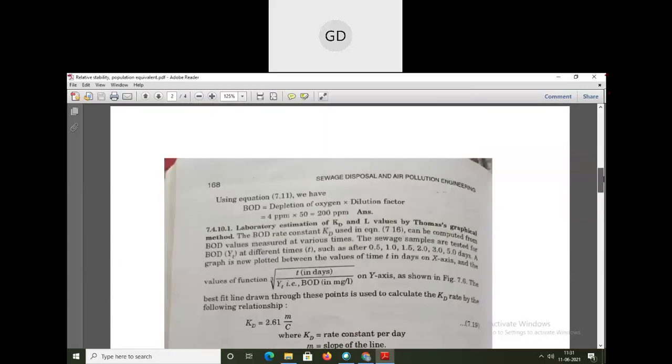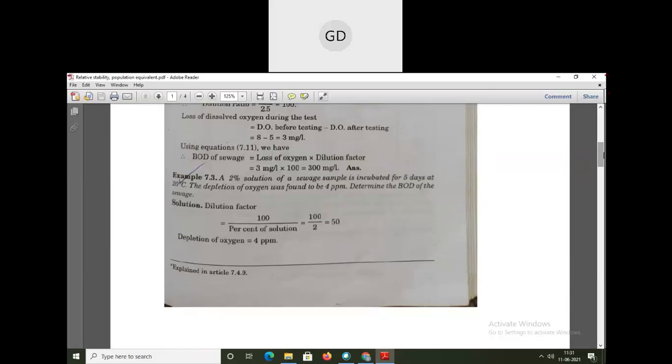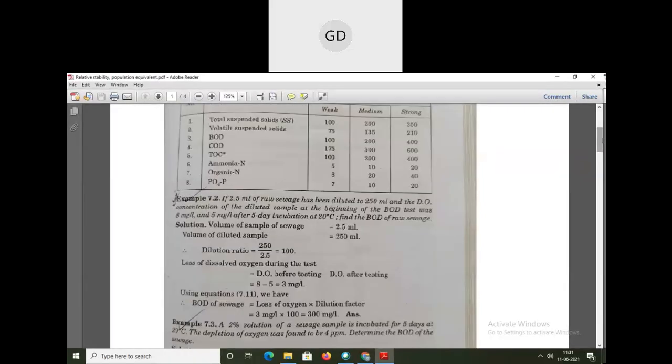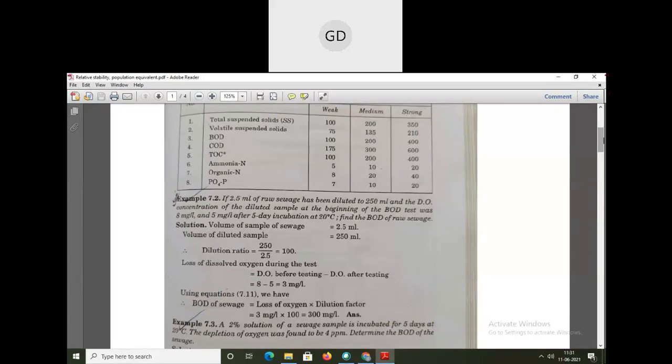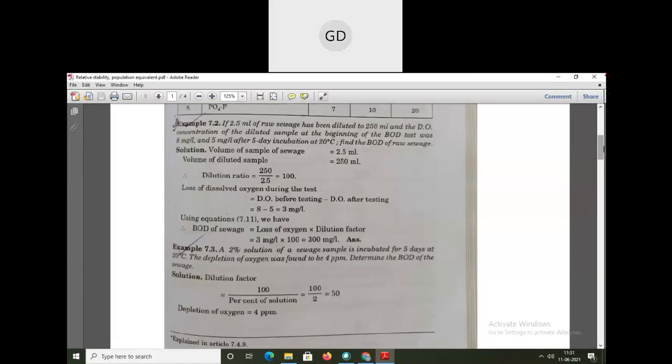So you just multiply, 4 into 50, and 200 ppm is your BOD of the sewage. Okay, so these two numericals are very simple. I hope both the numericals are clear to you.